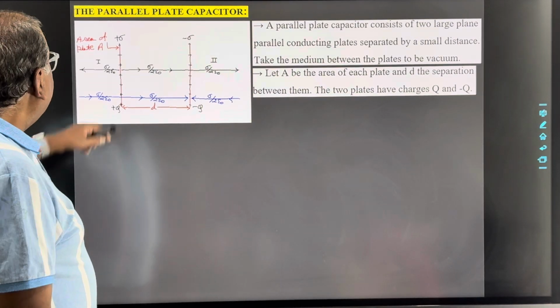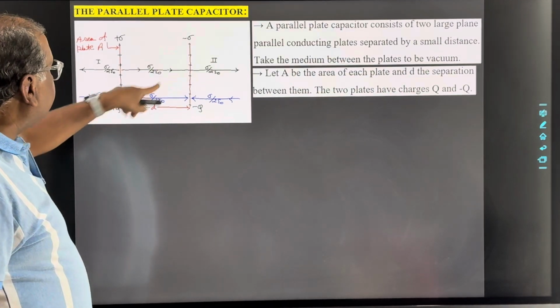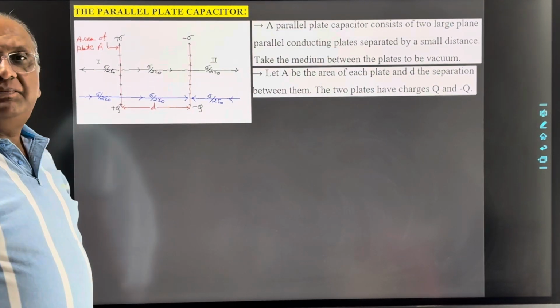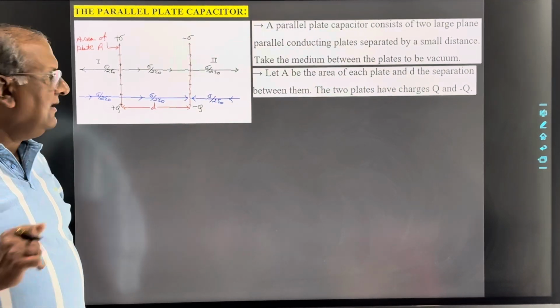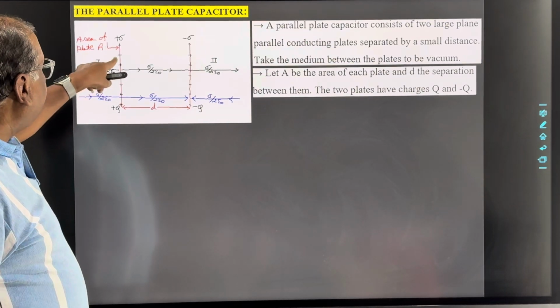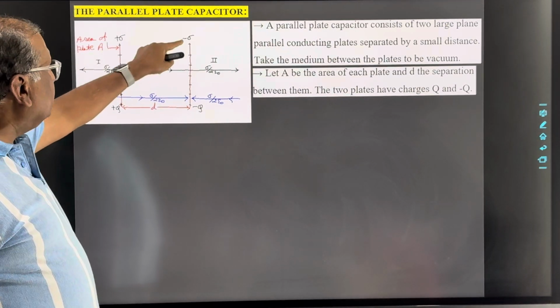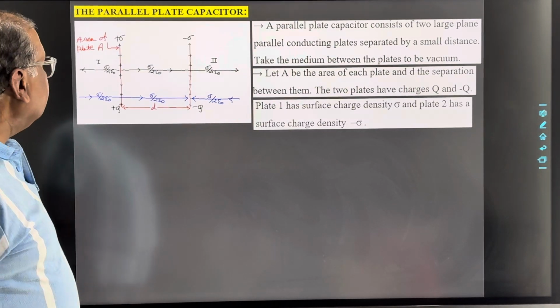Now here plate number 1 possesses charge plus q, and on plate number 2 there is charge minus q. Clear? Now the surface charge density of plate 1 is plus sigma, and for plate number 2 it is minus sigma.